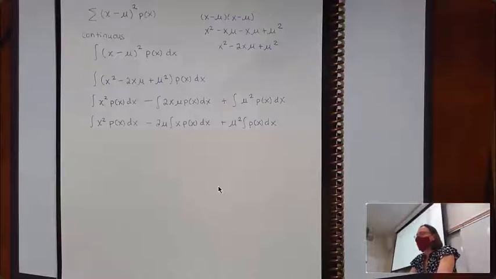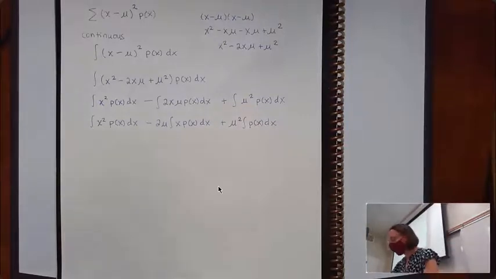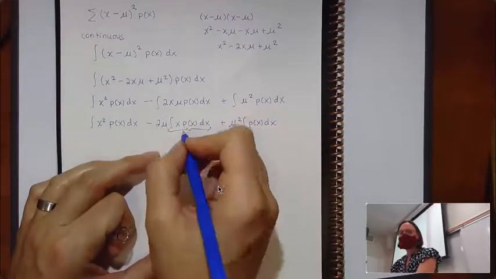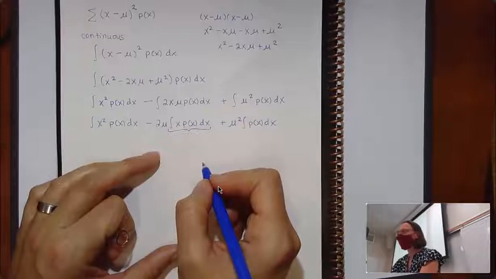One of those three integrals we already know the value of for any probability density function. Wouldn't that be the second one? Did we just find that? We did just find that. So this thing we just found, that is also known as the expected value.